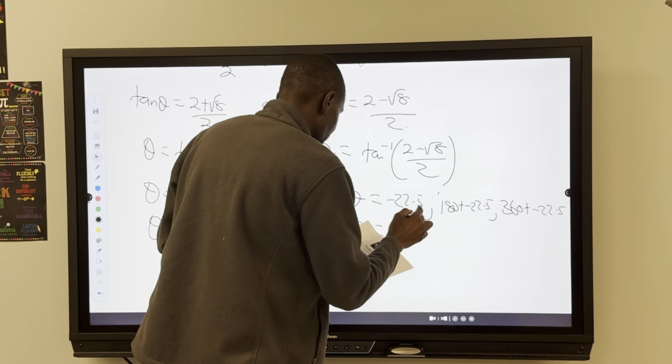These 2s will cancel out, and we remain with negative cot theta. So we are done. We have shown the needed answer there.